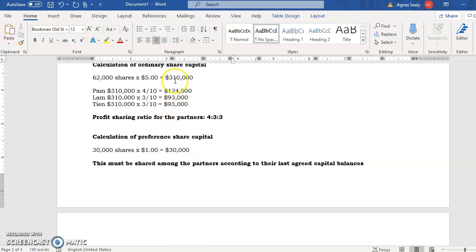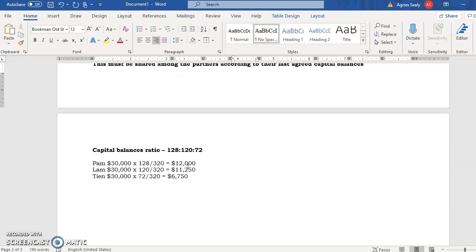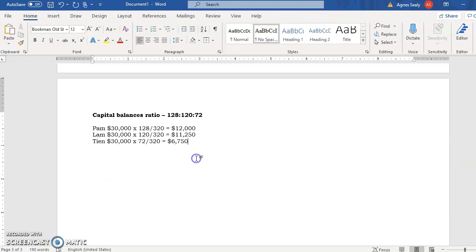If we add these together, we only get $340,000 as our share capital, yet they settled the $360,000 by shares. So this means we have some value of shares outstanding. This will be our share premium.